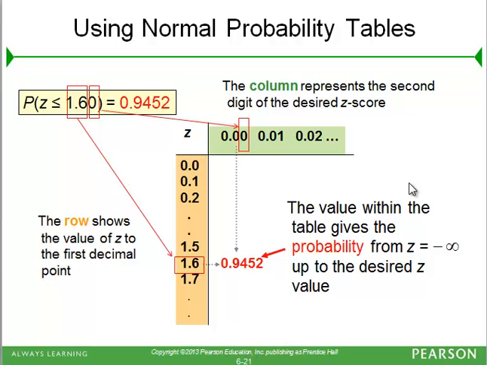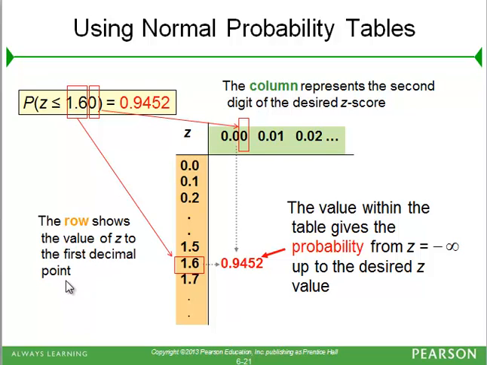In that table, the column represents the second digit of the desired Z-score, and the row shows the value of z to the first decimal point.